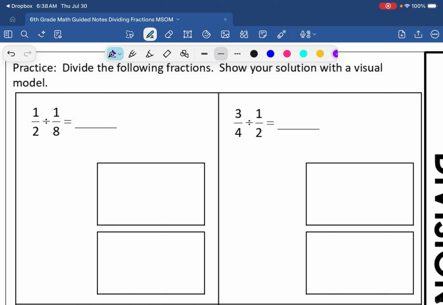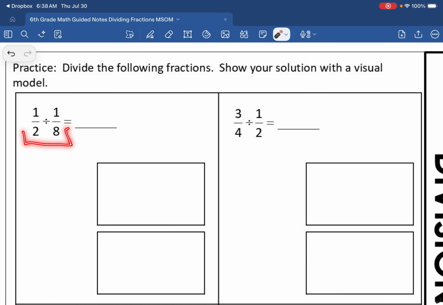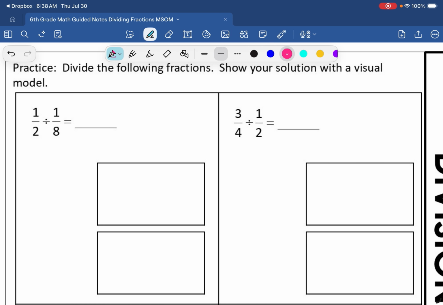So we have 1/2 divided by 1/8. So let's get common denominators by finding the least common multiple of 2 and 8. So 2, 4, 6, 8, 10, 12. And of 8 will be 8, 16. I'm going to stop because I notice a multiple right here of 8.